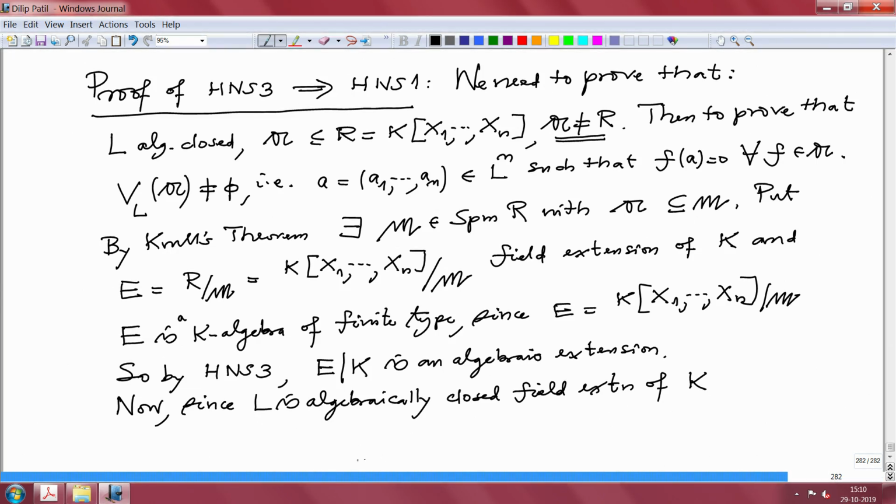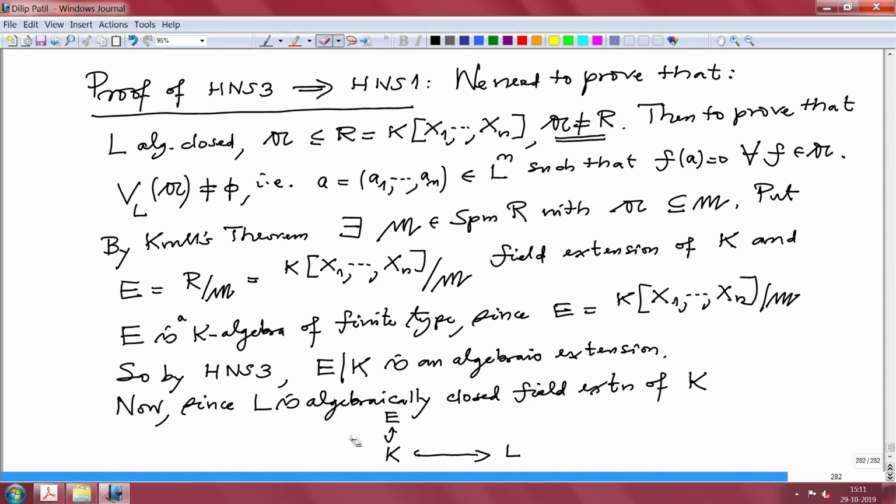I want to draw the diagram. So that is K to L, an injective map, this is an extension of the fields, and there is an extension E over K, which is a field, and we know this extension is algebraic.